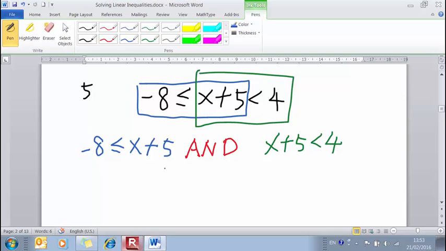For the first inequality, we will have to minus 5 from both sides. And then we simplify.